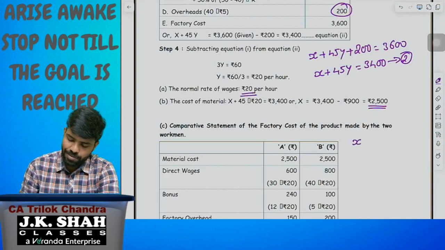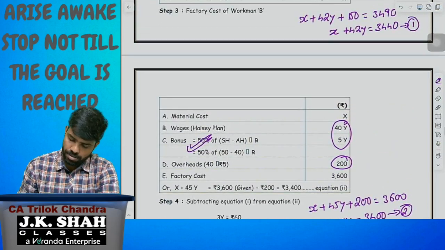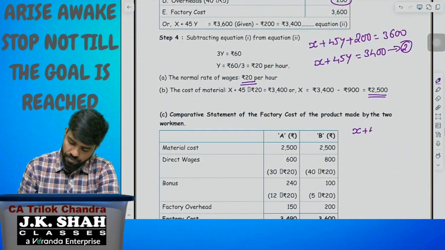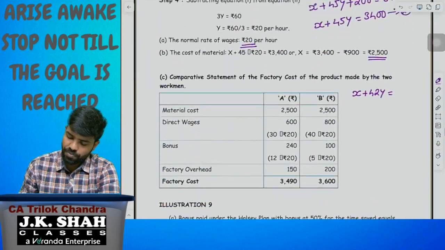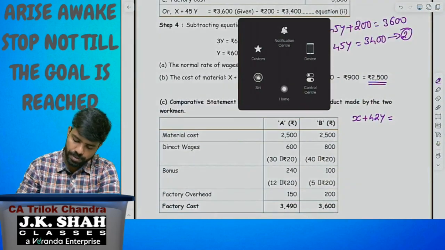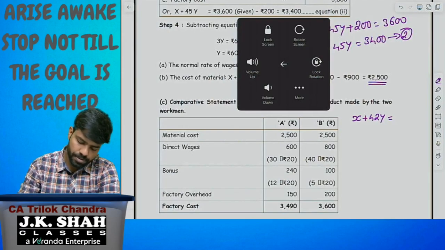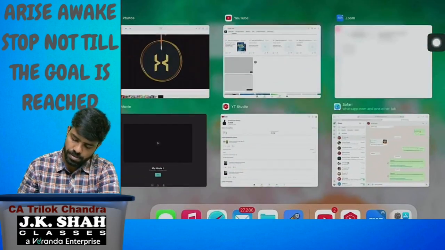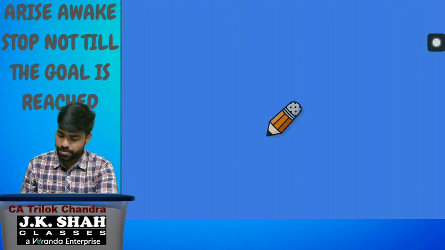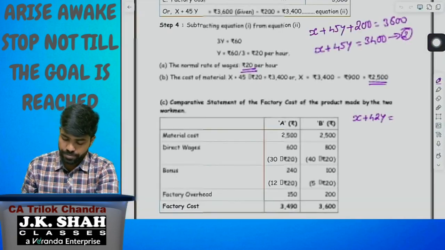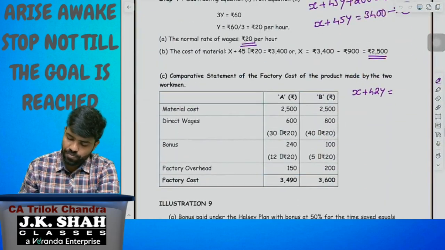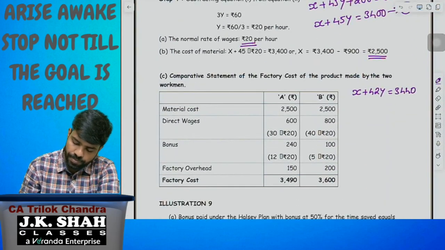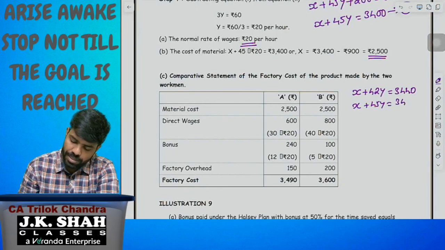Let me solve that. x plus 42y equals 3,440 and x plus 45y equals 3,400.